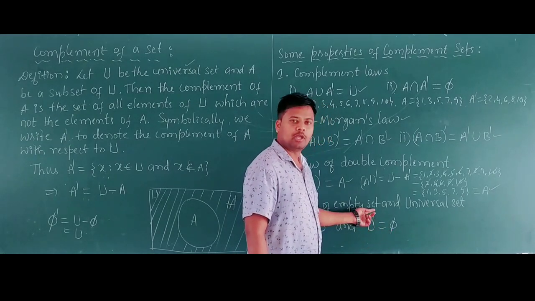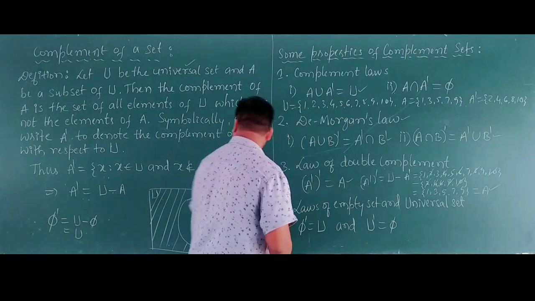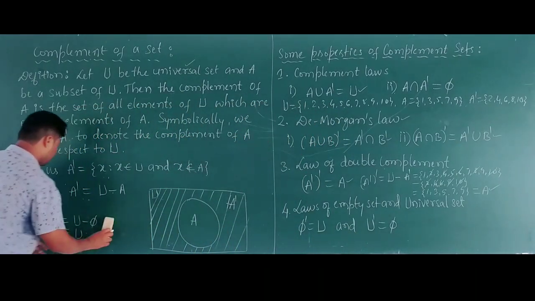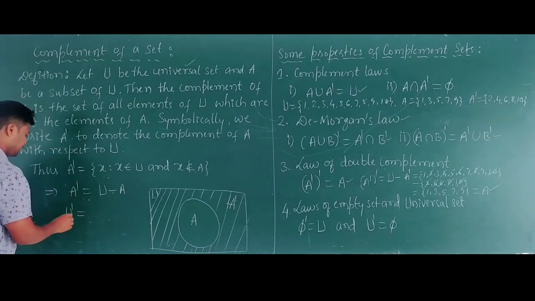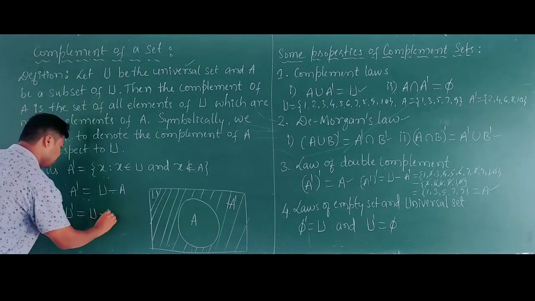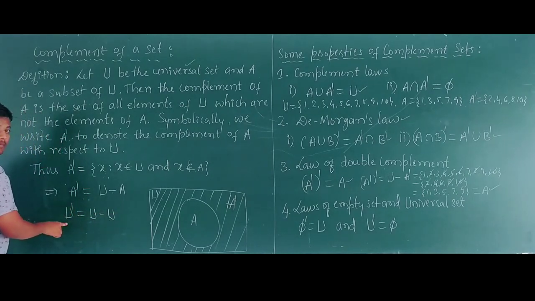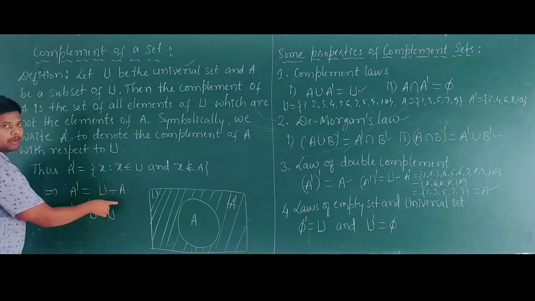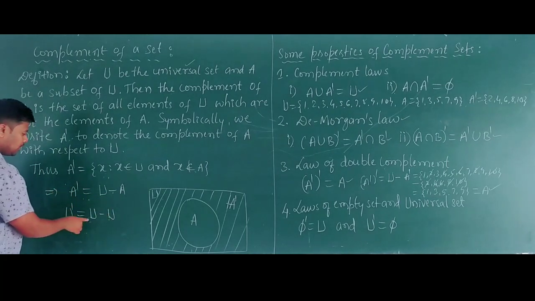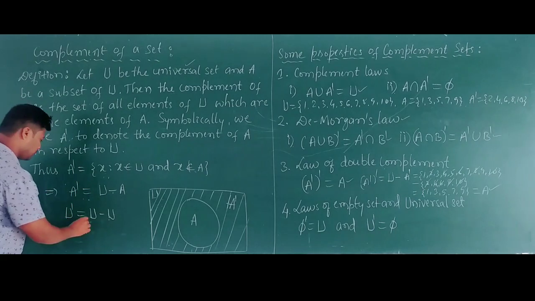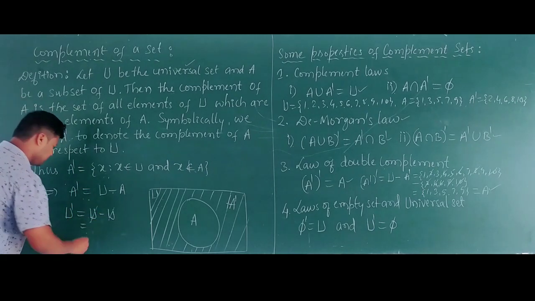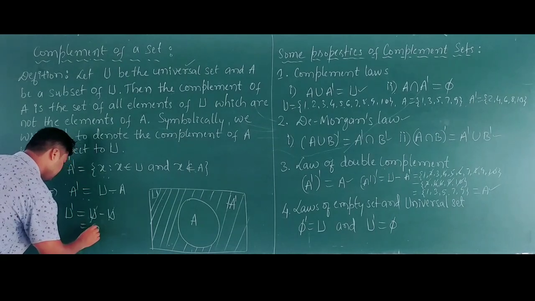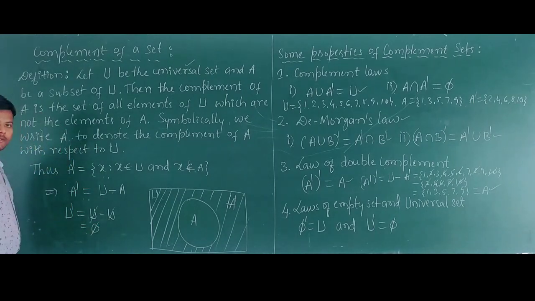The complement of the universal set equals the null set. You see here, what is the complement of the universal set? This equals U minus U only. A dash formula is U minus A. So U dash equals U minus U. U and U get cancelled, so the remaining is the null set only.